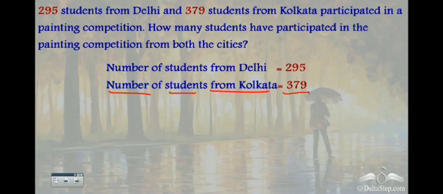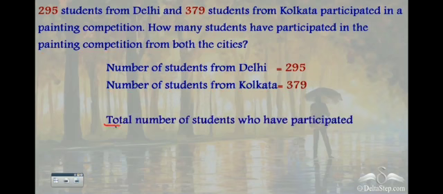Next we write what is asked in the question. So what do we need to find? How many students have participated in the competition from both the cities? So the total number of students who have participated will be what? It will be this plus this.